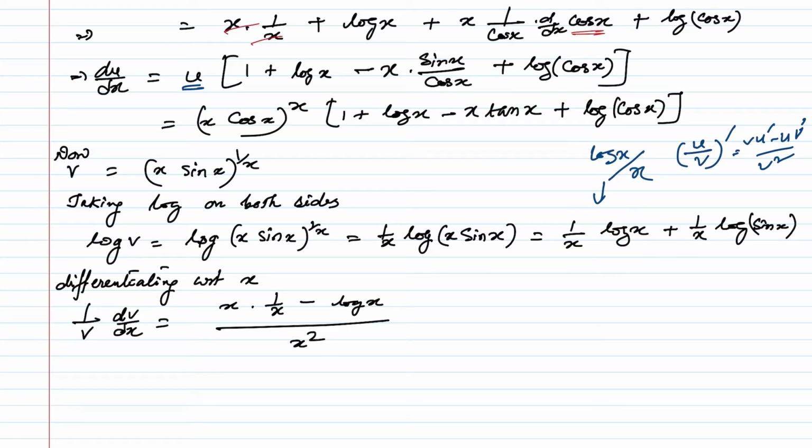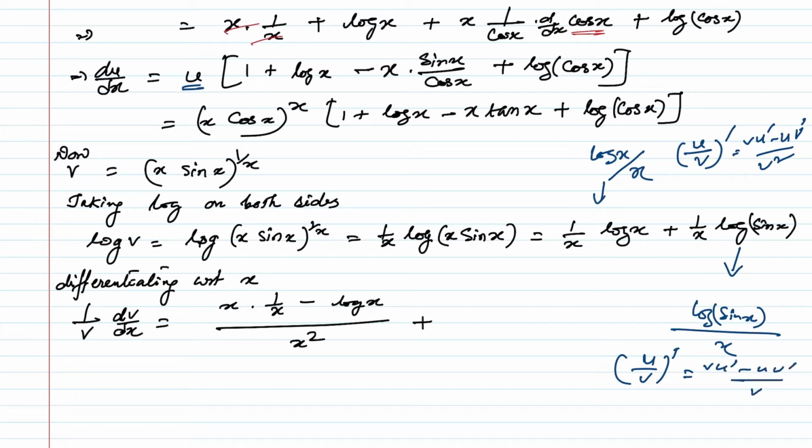On the other side, considering this one as log of sin x by x, apply this rule again: v derivative of u minus u derivative of v by v square.